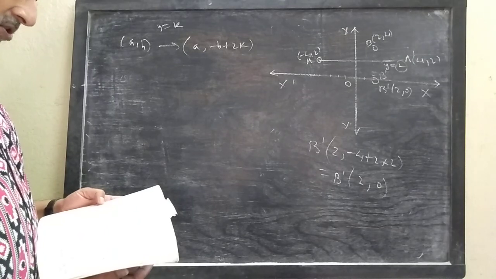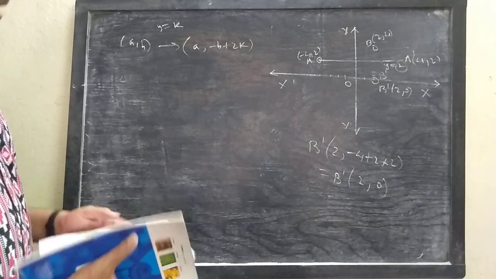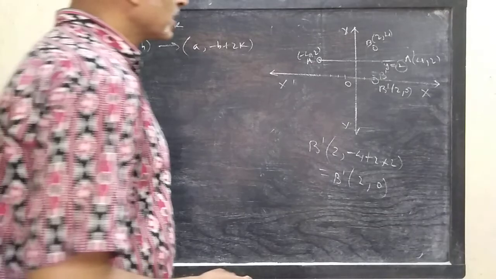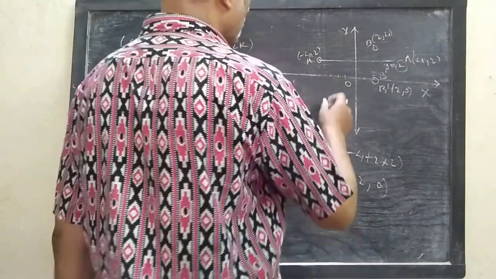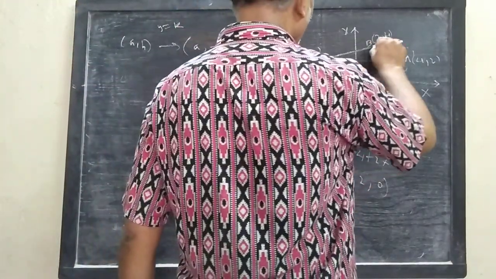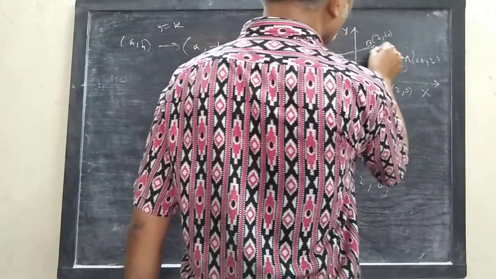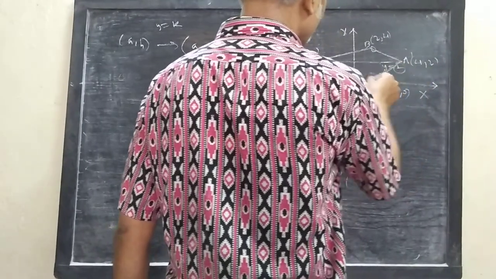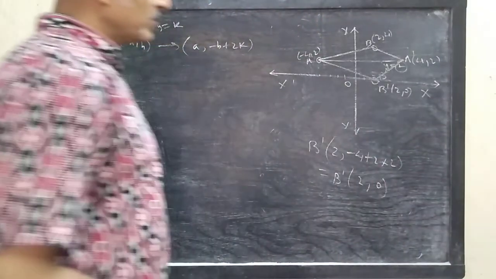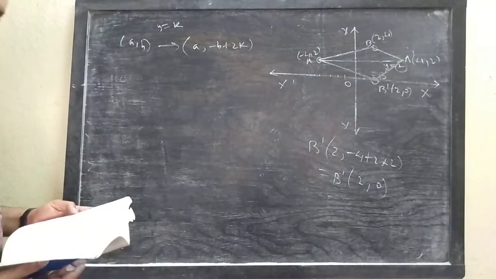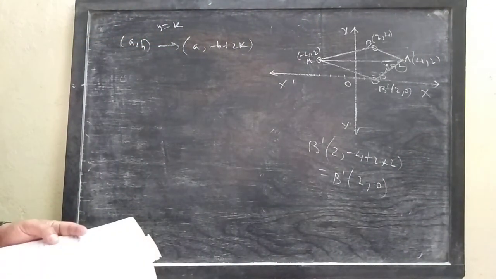After that, write the geometric name of the figure AB A dash B dash. Look, what is the figure? The figure is a kite.